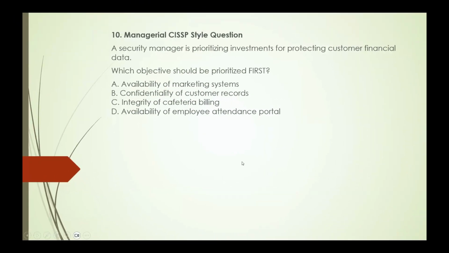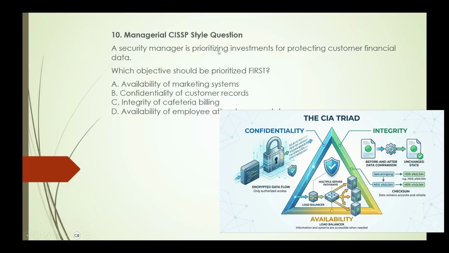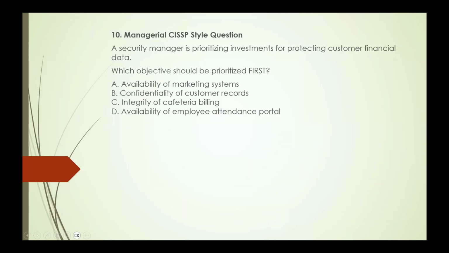Then a managerial CISSP style question. A security manager is prioritizing investments for protecting customer financial data. Which objective should be prioritized first? Availability of marketing systems, confidentiality of customer records, integrity of cafeteria billing, availability of employee attendance portal.